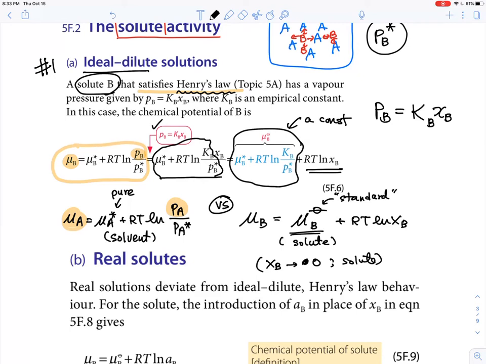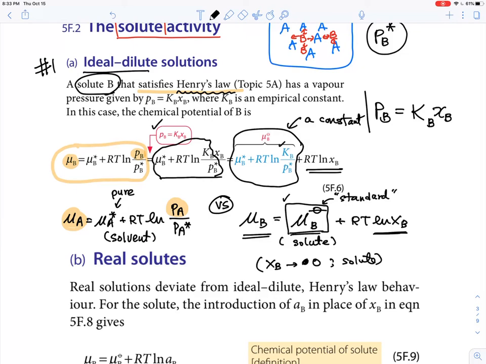And this reference point cannot be found from the pure state of B, but is actually more related to the combination of Henry's constant and so on. So conceptually, there is a state serving as a more constant-value state, and they still retain this proportional relationship between the activity of a solute and the natural log of the mole fraction of the solute.